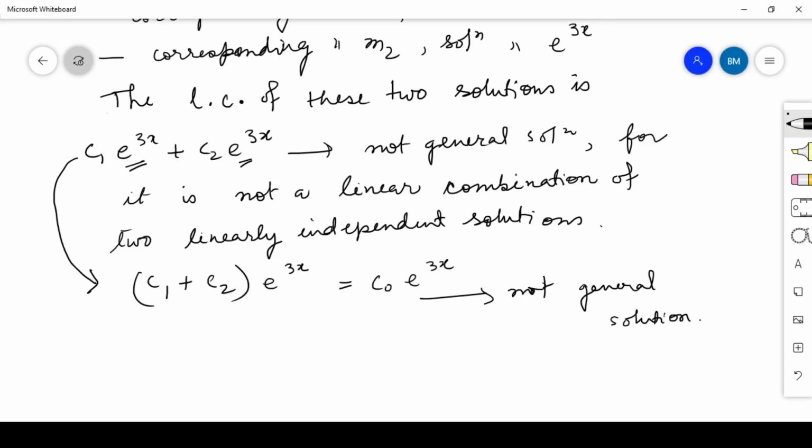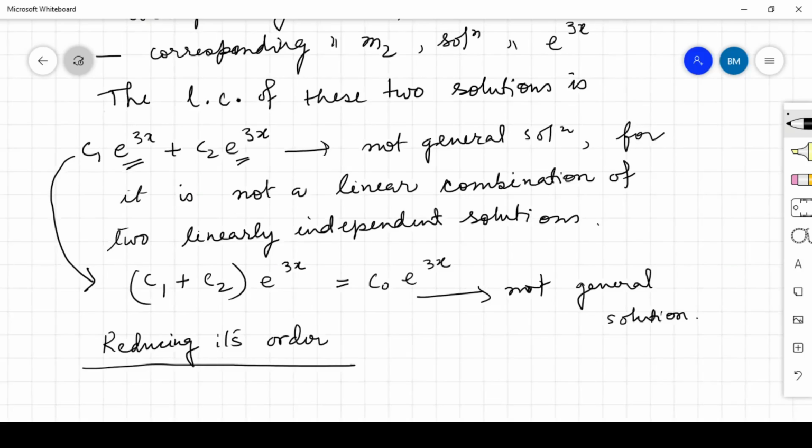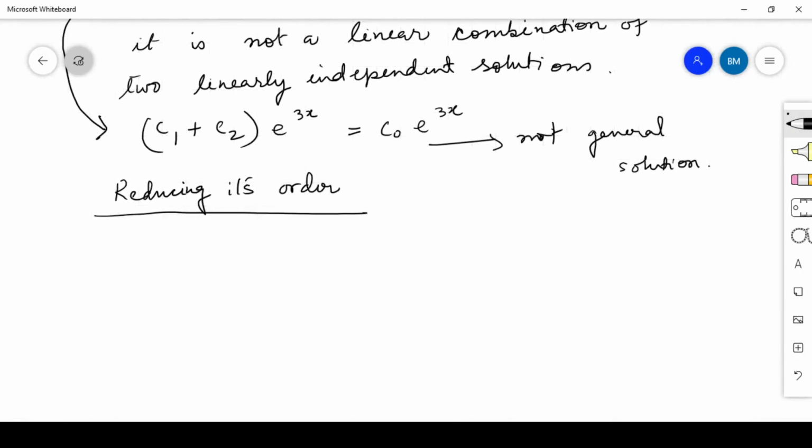So let us use that method. The method is actually finding a solution of a linear homogeneous differential equation by reducing its order, when one of its solutions is known. Let us use that method here to get the other linearly independent solution, because we have one solution, e to the power 3x.